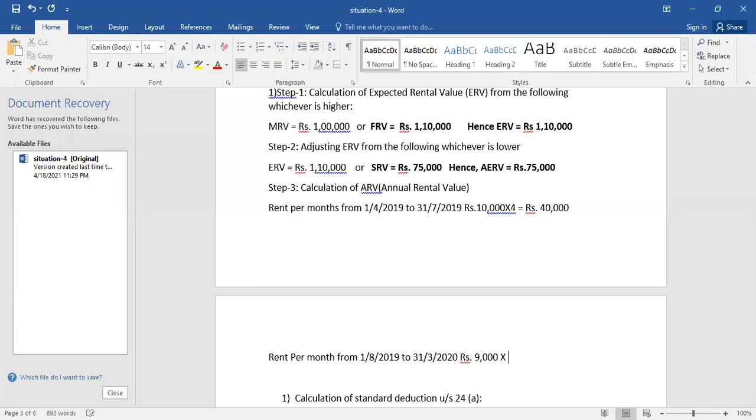8 months, sir. 8 months. So 9,000 into 8 is equal to rupees 72,000. Okay.